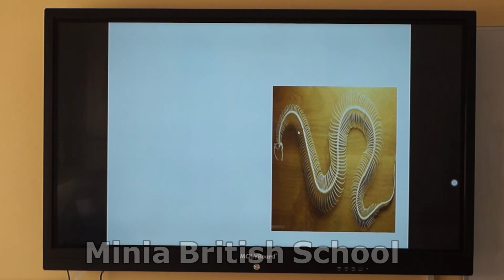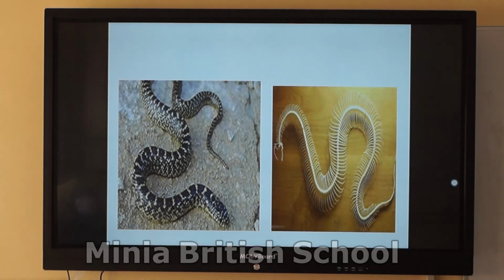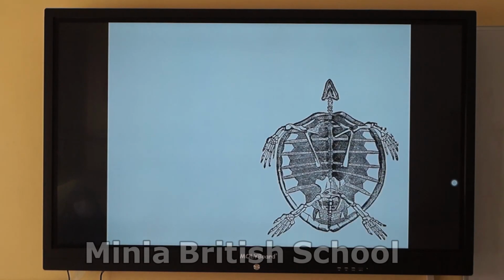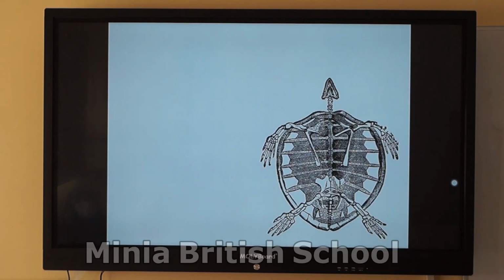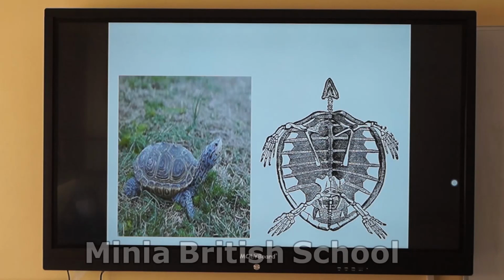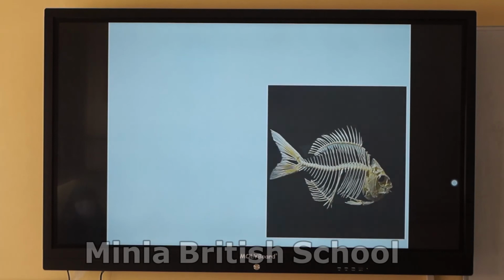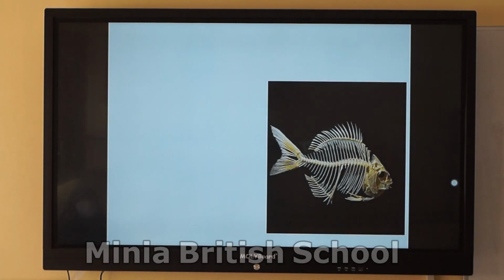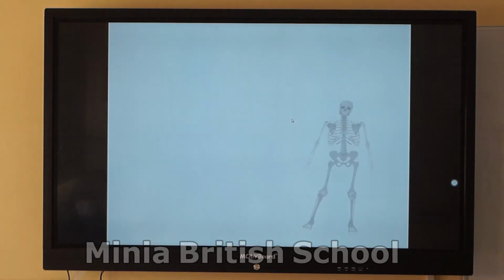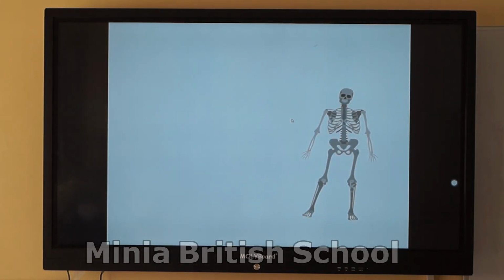I think it is the skeleton of a snake. Yes, it is the skeleton of a snake. Turtle. Yes, skeleton of a turtle. And it's very easy. This is the skeleton of the fish. Excellent. And last one. This is the skeleton of a human.